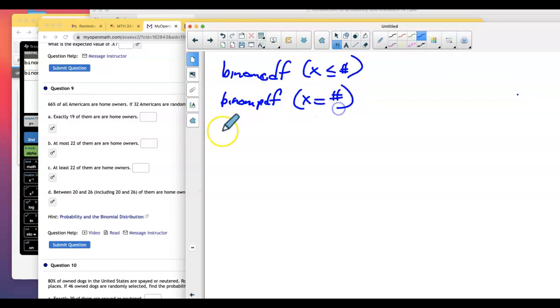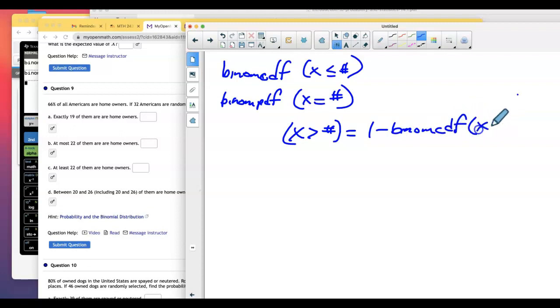That means if we want x greater than a number, we have to do 1 minus binomial CDF of x is less than or equal to that number. So if we do greater than or equal to, we have to drop down a number because we have to make sure we get that number as well.